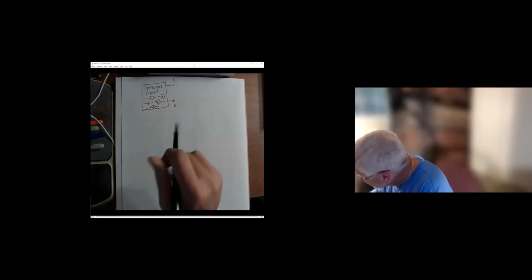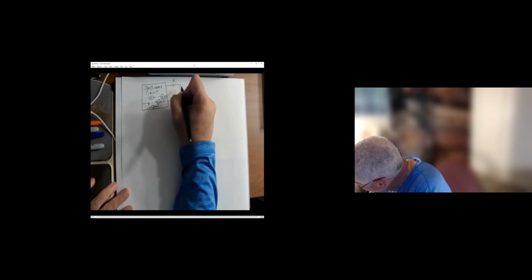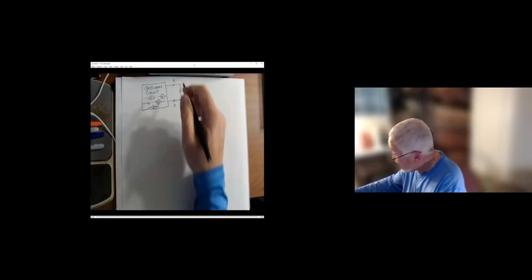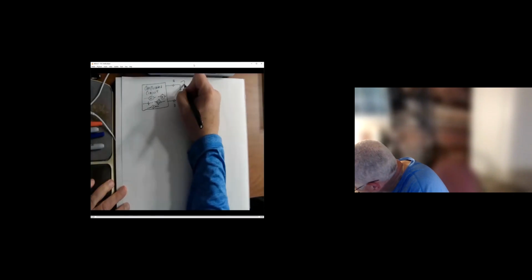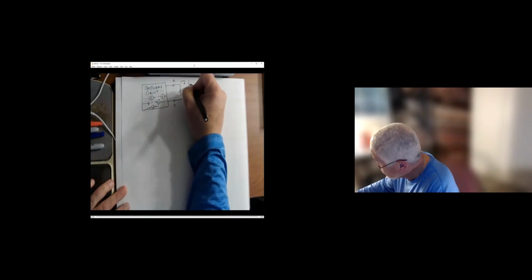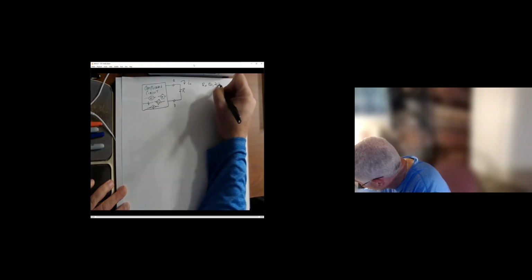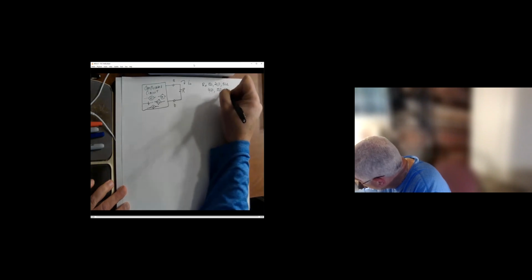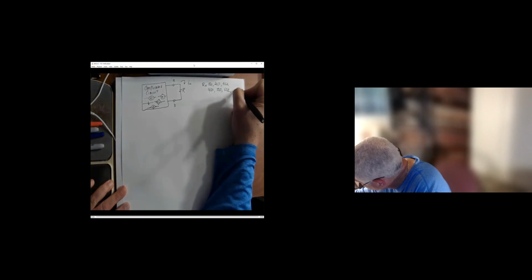Let's assume that I connect this to a resistor I call R, and I ask you to find the current through the resistor R, but for R equal 10 ohms, 20 ohms, 30 ohms, 40 ohms, 50 ohms, 60 ohms, up to 100 ohms.